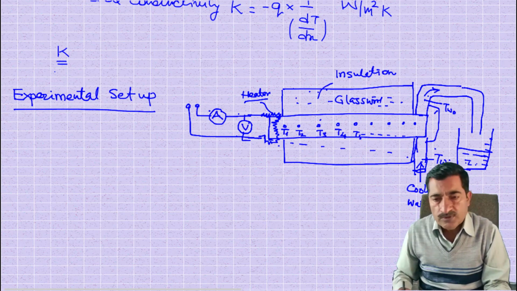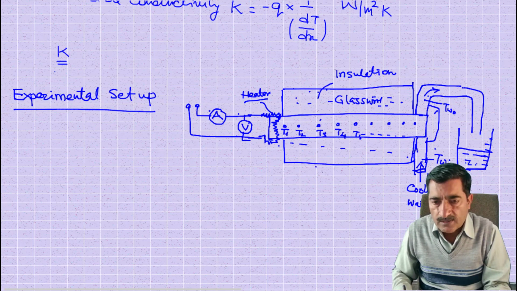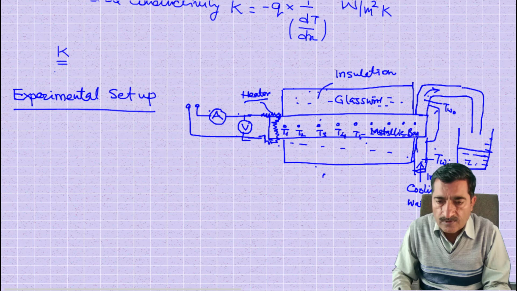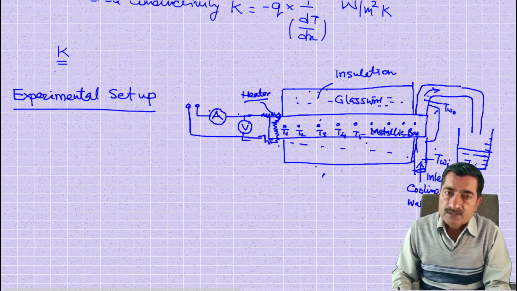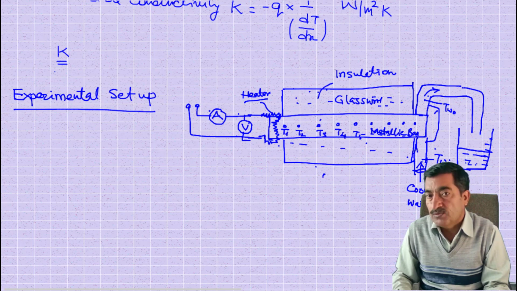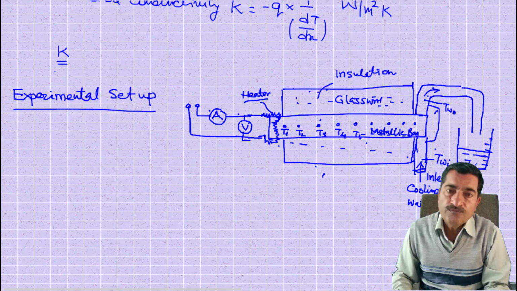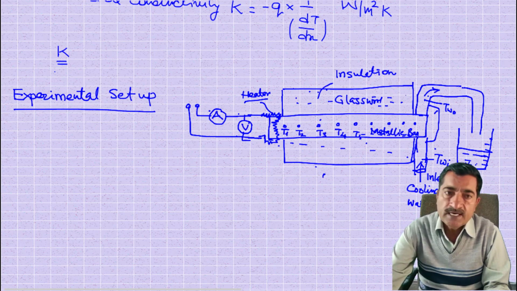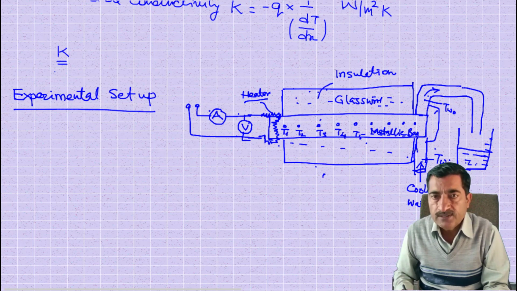Now this is horizontal. This is a metallic rod or bar, with a thick layer of insulating material, glass wool. The bar is heated at one end with the help of an electric heater, and the other end of the bar is projected into cooling water in the jacket.